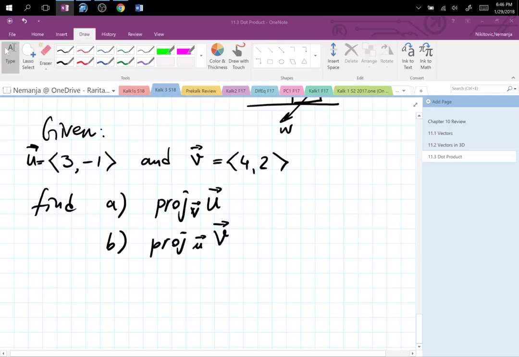Did you get this? You get 20? Is this right? 40 over 20?